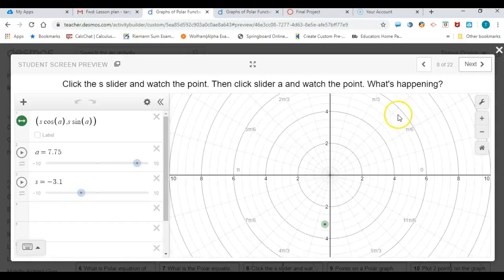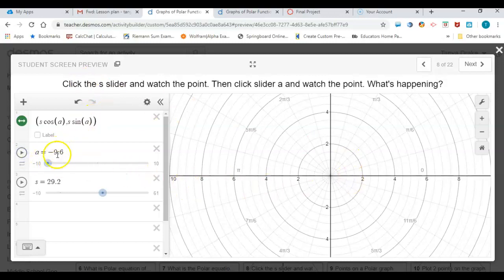On the next screen, I show them just a point on the graph and ask them to play around with A and watch what happens to the point. It's going in a circular fashion, but then it's changing. Note what's happening as A becomes a different number. Next we're going to look at S. Let's go back to A. What happened to A?